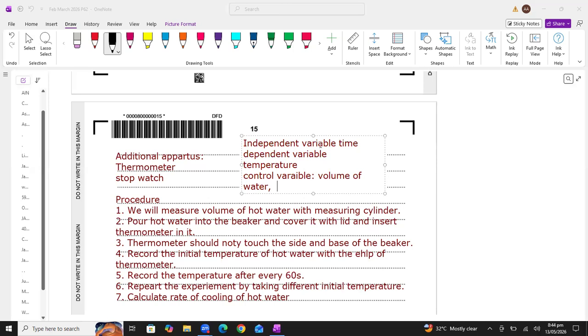Control variable. What were the control variable? Volume of water, and the next one is Hafsa. Exactly. We can write the size of beaker as well. Well done, Inaya. Size of beaker or room temperature. All right, these are the control variables.